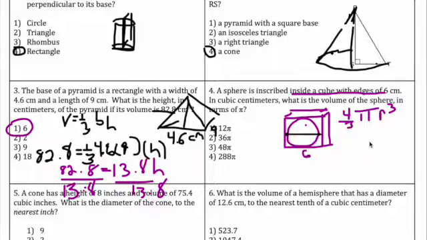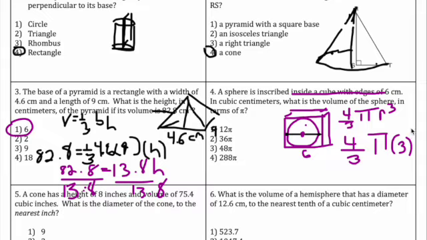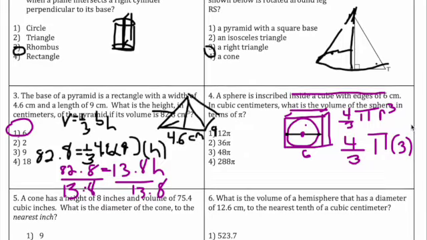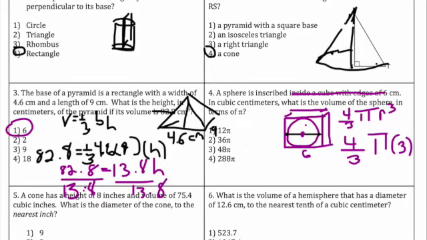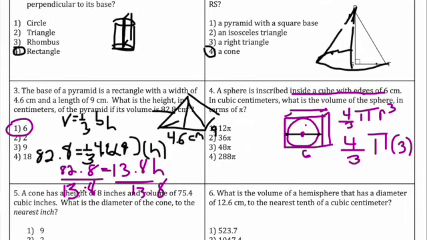So we have r is going to be 3, right? So we have 4 over 3 pi, right, times 3 cubed. Okay.